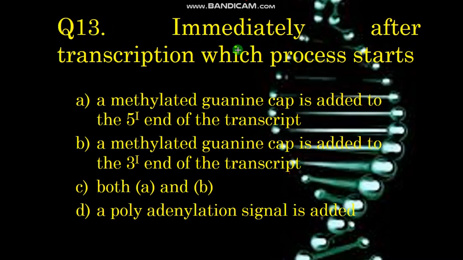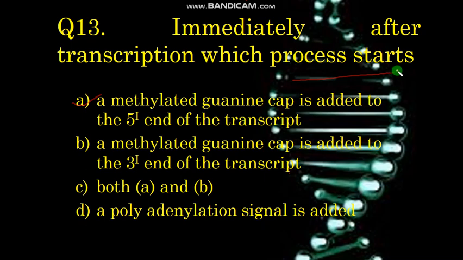Question number 13. Immediately after transcription, which process starts? Option A, a methylated guanine cap is added to the 5' end of the transcript. Option B, a methylated guanine cap is added to the 3' end of the transcript. Option C, both A and B. Option D, a polyadenylation signal is added. And the correct answer is option A, a methylated guanine cap is added to the 5' end of the transcript.